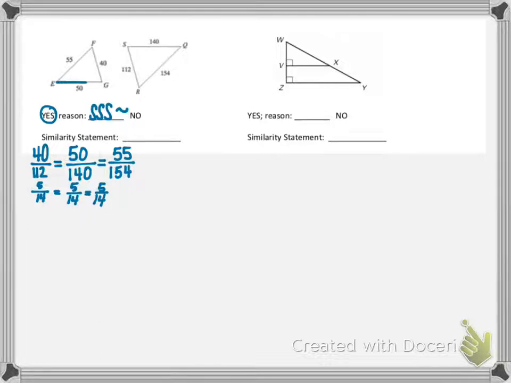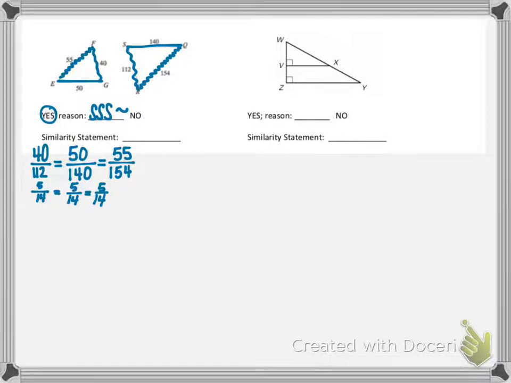All right, now E, G matched up with R. Oopsies. There's 40 and 112, 50 and 140, 55 and 154.